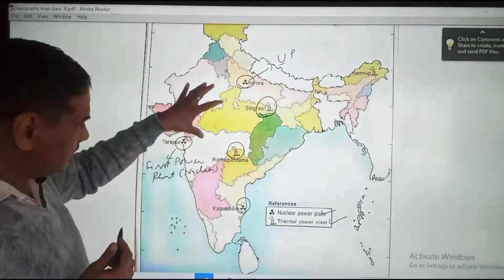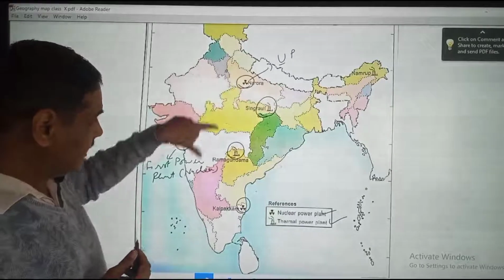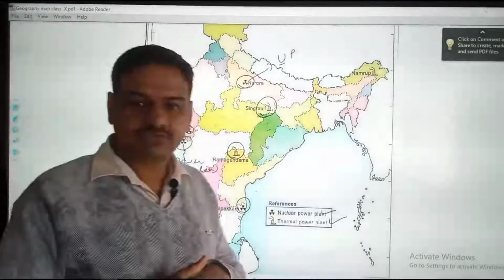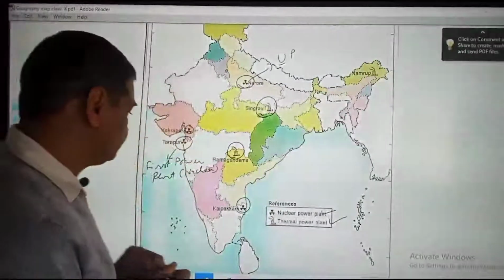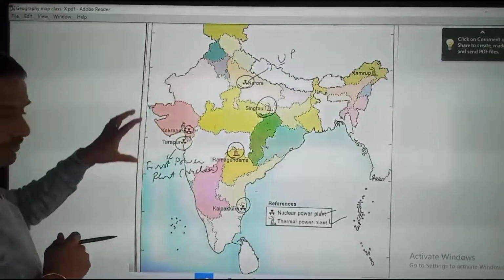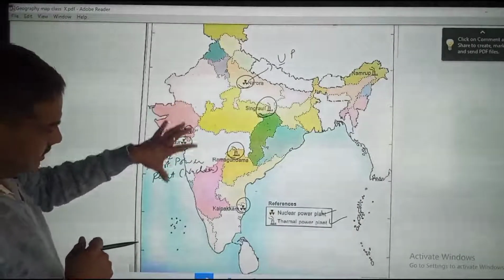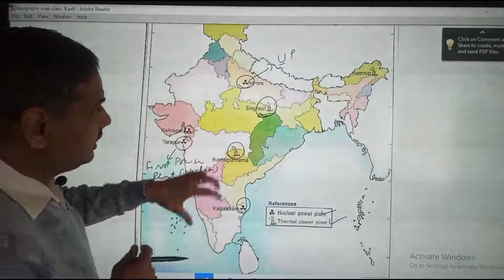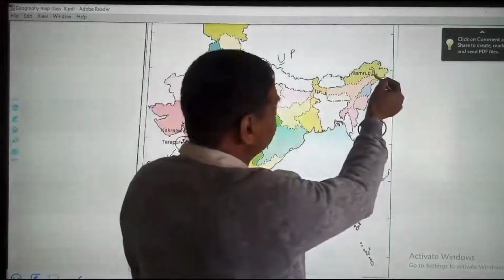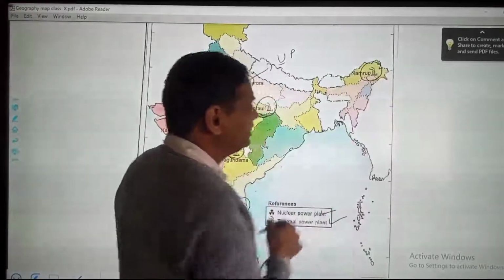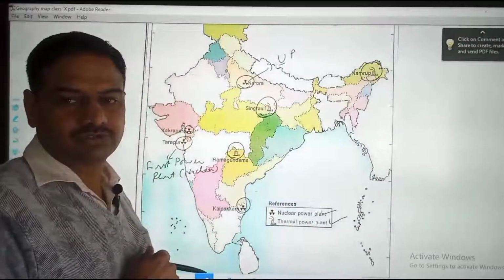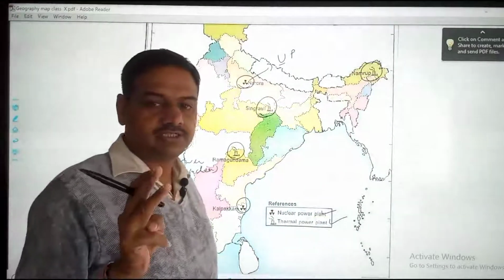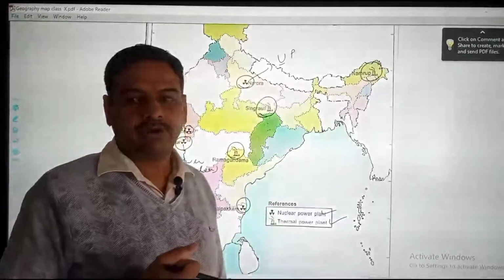So the two given over here are Singrauli and Ramagundam. You have to mark these thermal plants in your map. And one more is given here on the eastern side, that is Namrup, in Assam. So these are the 3 thermal plants and 4 nuclear power plants.